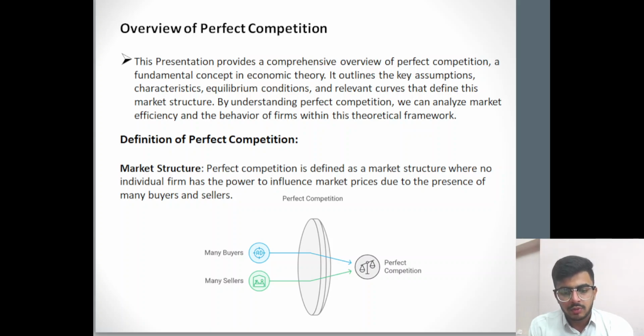So the overview of the topic: this presentation offers a detailed analysis of the price and output determination process in a perfectly competitive market. It examines the equilibrium conditions in the short run and long run, focusing on market efficiency and firm behavior within this theoretical framework.